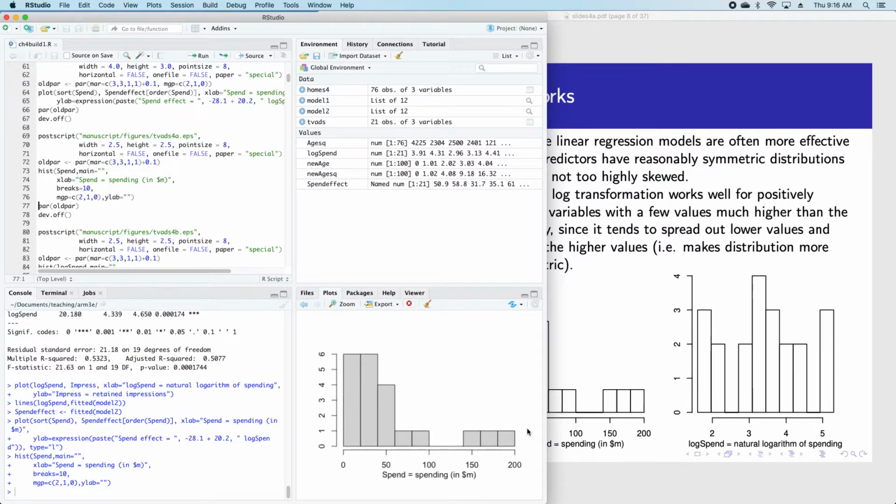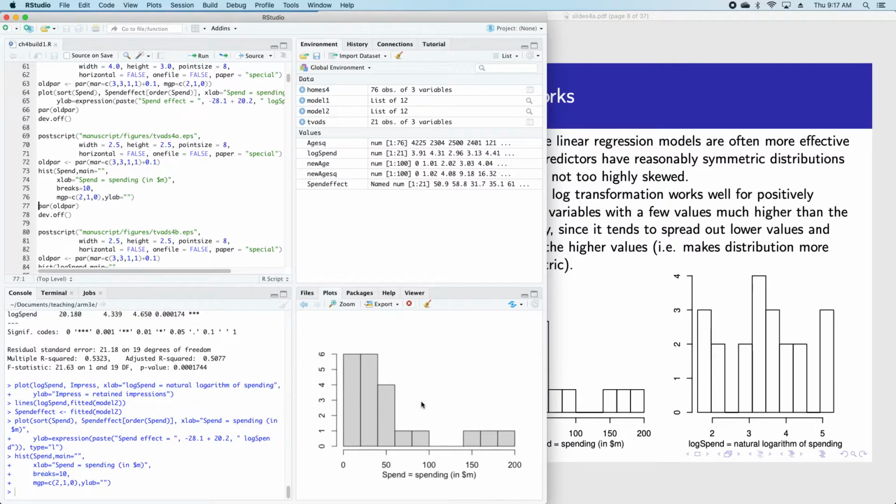We've got a very skewed distribution. Lots of companies spending small amounts of money down here, and just a few spending large amounts of money up here. And so this type of variable, where we've got something very skewed like this, doesn't tend to work very well in a multiple linear regression model. What is better is if we have a more symmetric distribution.